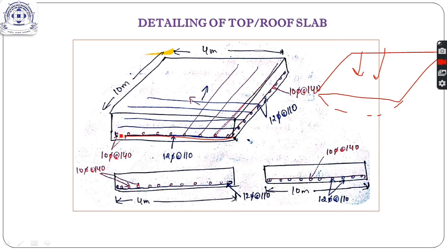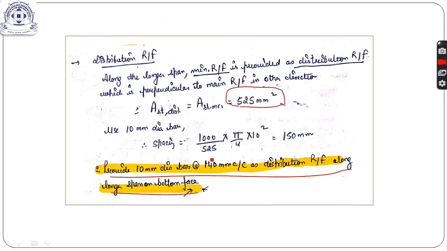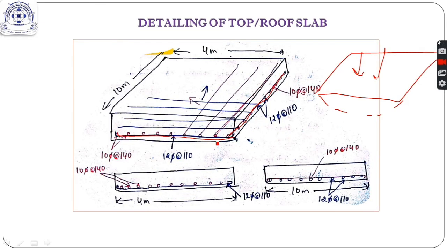Okay, so this is the main reinforcement on the bottom face distributed at a spacing of 140 mm center to center across the longer direction, and this is the reinforcement along the longer direction, which is equal to the minimum distribution reinforcement, which we have calculated at 10 mm at 140. So this is the reinforcement provided on the bottom face in the longer direction at a spacing of 140 mm.